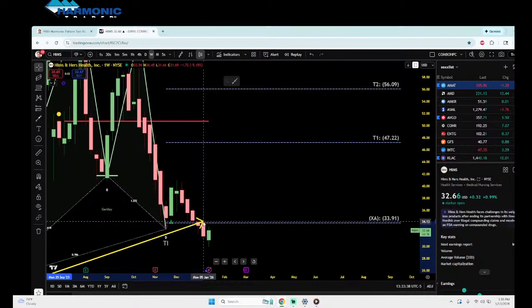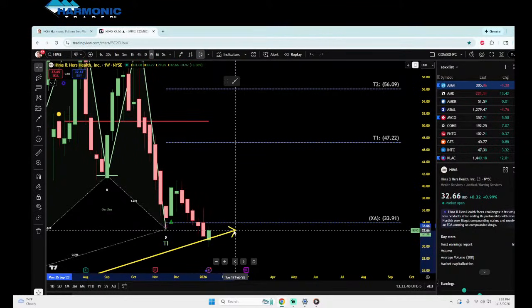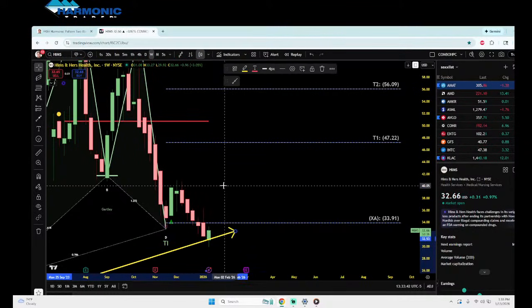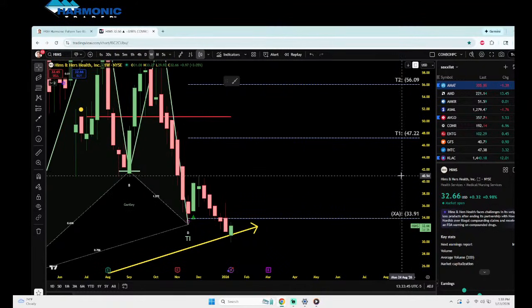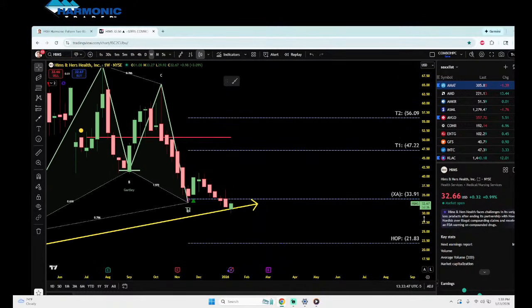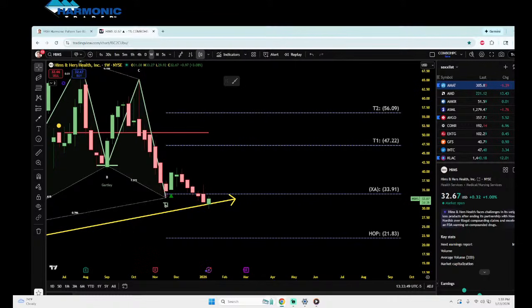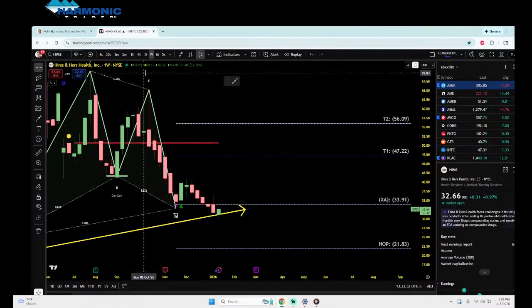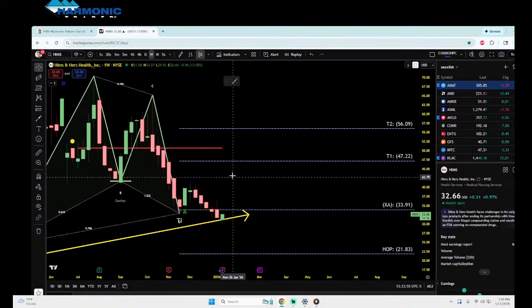So technically we're still a day early, but I like it in this 34, 33 area. We're still looking. Great pattern. It's maybe next week though. And I might end up having to buy it at 34 instead of 32.